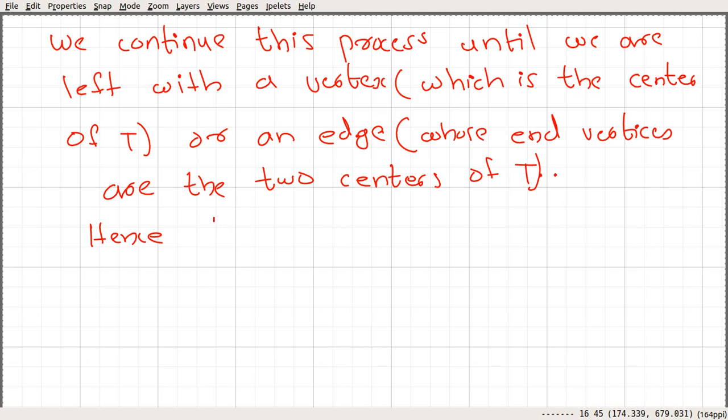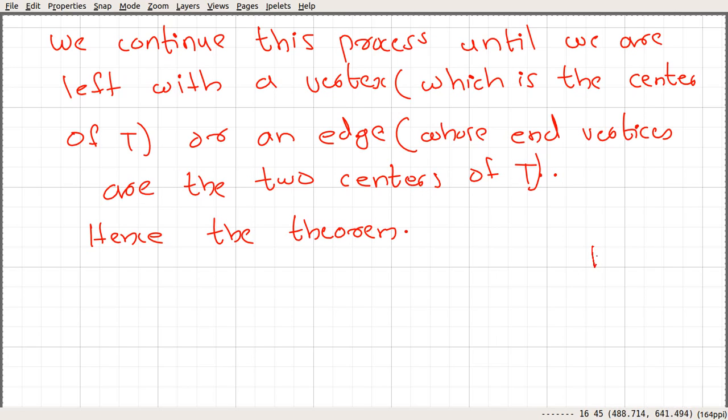So hence the theorem. This proof not only proves the theorem, it also gives a method to find the center or the centers of a tree.